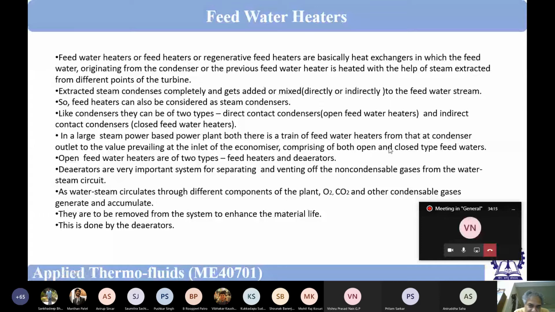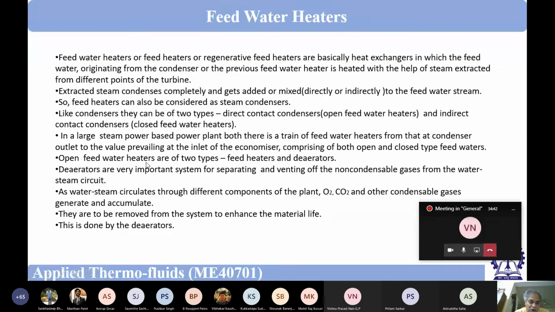This sentence is slightly wrongly written. In a large steam power plant, what I wanted to tell is that there is a train of feed water heaters which raises the temperature from the condenser up to the economizer, and there will be a large number of feed water heaters, both open and closed type.